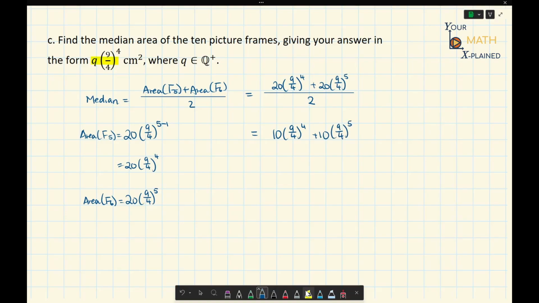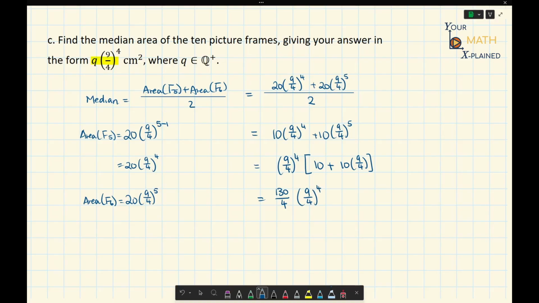So now we can see that the form that we want has a (9/4)^4. And from our current expression, we can factor (9/4)^4 from both terms. So we get (9/4)^4 multiplied by 10 plus 10 times 9/4. So this is equal to 130/4 times (9/4)^4.